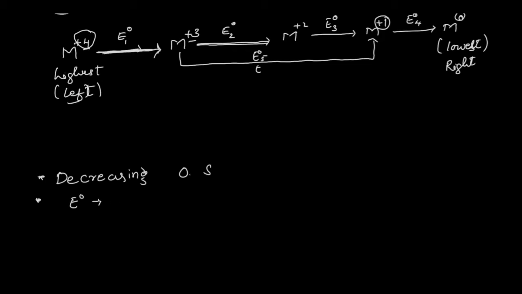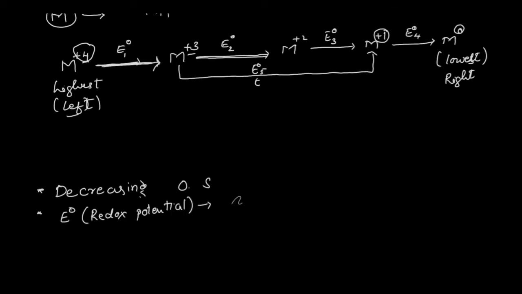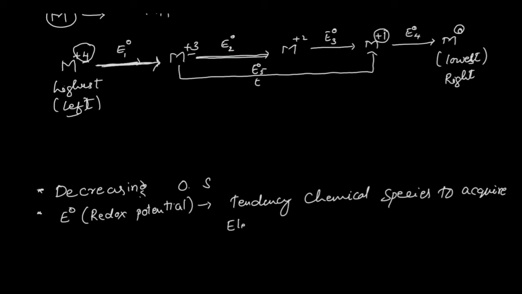What is meant by E0 value? That is the standard reduction potential value, which is a measure of the tendency of a chemical species to acquire electrons, to get reduced.